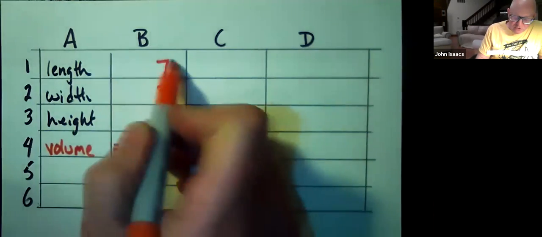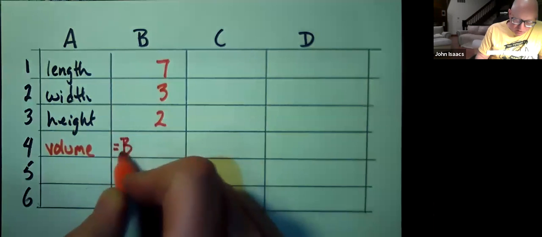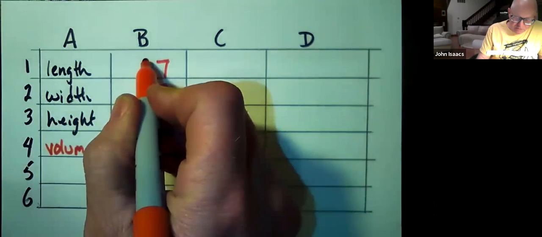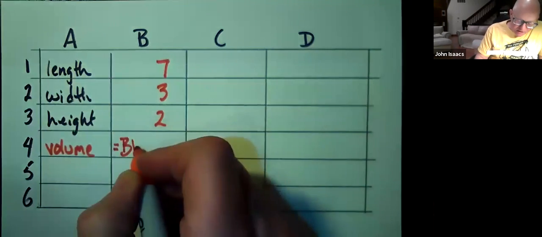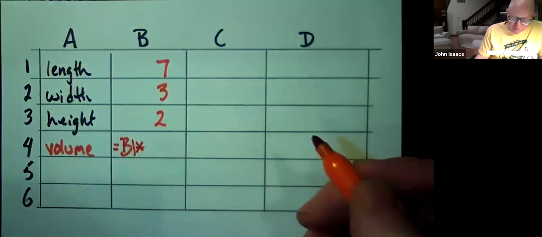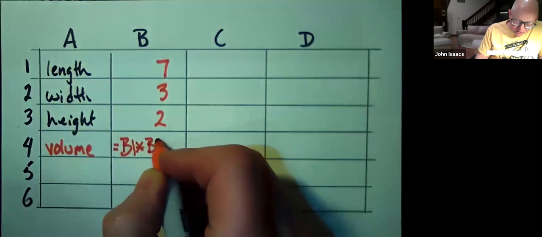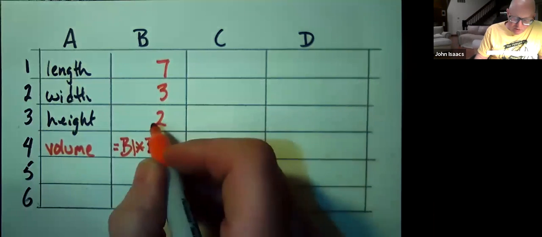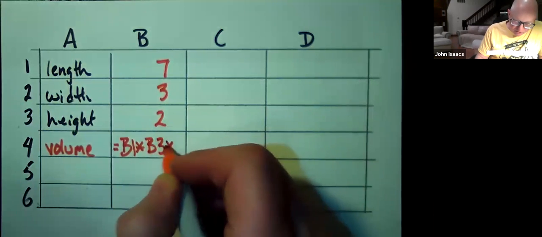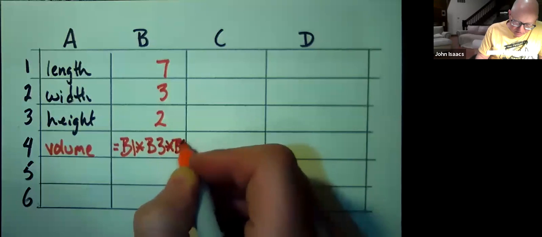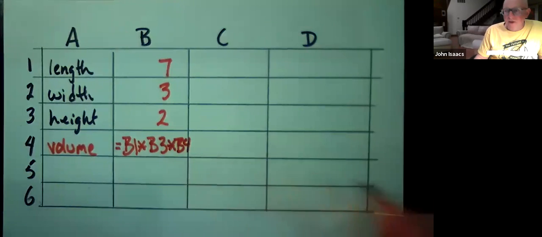And this first cell is B1 because it's in column B and it's row 1. And then you'll put a little star for multiplication. And you want to multiply that times B2, and then you want to multiply it times B3. So multiplication again, B3. And that's what would go in that equation. And when you hit enter, your answer would appear. Your answer seems like it would be 42.